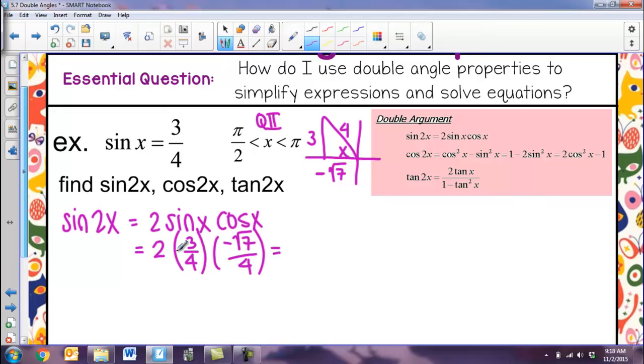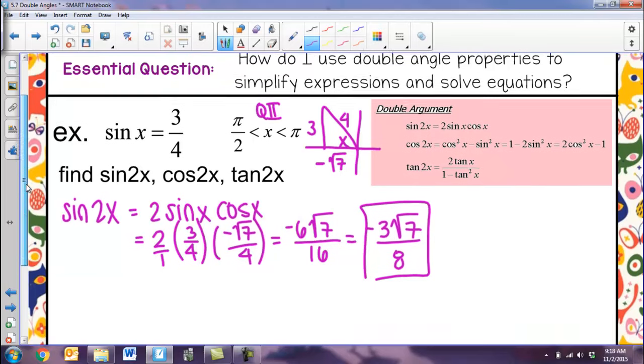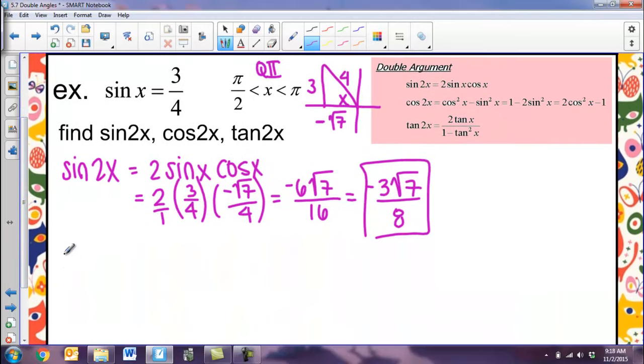So if I multiply straight across, remember 2 is over 1, I would have 2 times 3 is 6, negative across the top, times the square root of 7, all over 4 times 4 is 16. I can simplify this down a little bit and get negative 3 root 7 all over 8. And that would be your answer for sine of 2x. Okay, so again, if you can draw a picture, life's pretty easy.